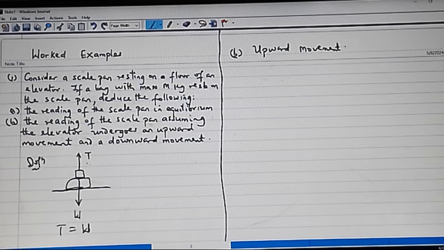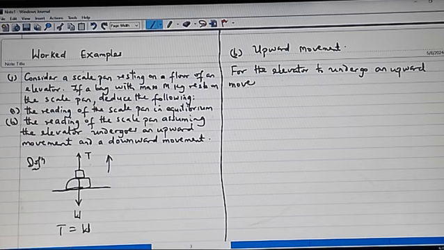still using this diagram, for the elevator to undergo an upward movement, T must be greater than the weight.